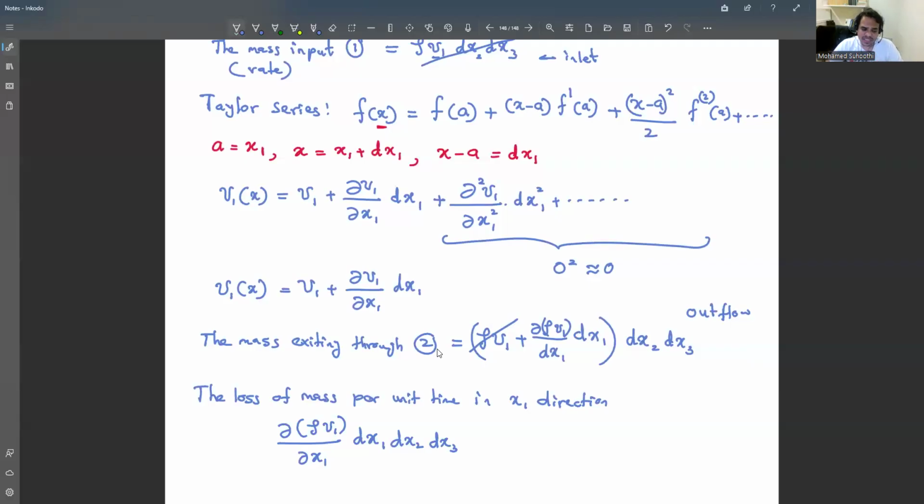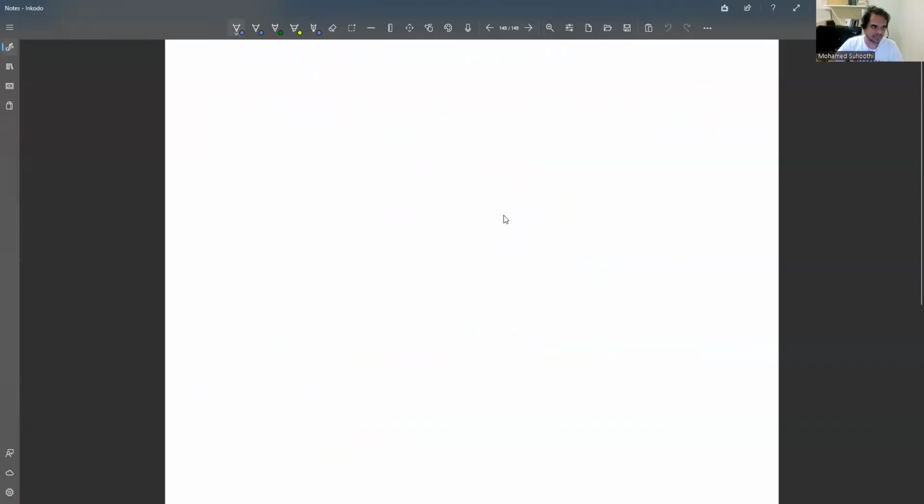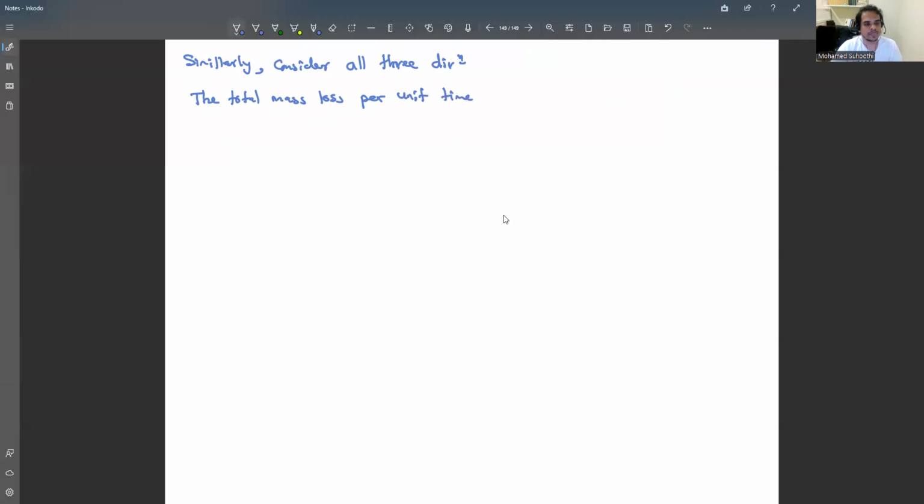So I have considered only the x1 direction. Similarly, I can consider all three directions, so I can calculate the total mass loss per unit time. I have to calculate each direction.